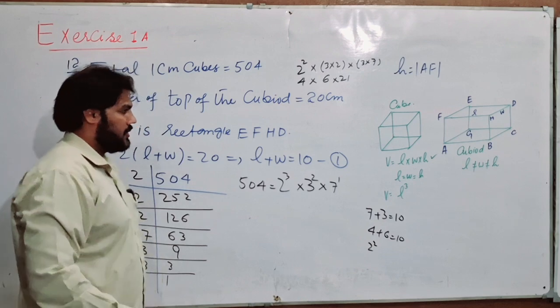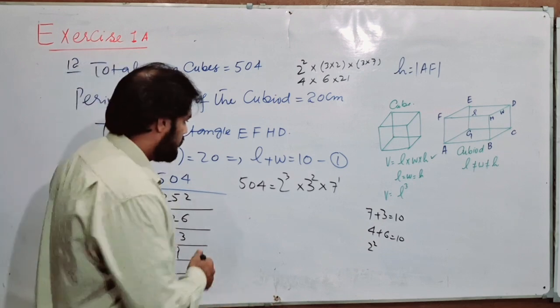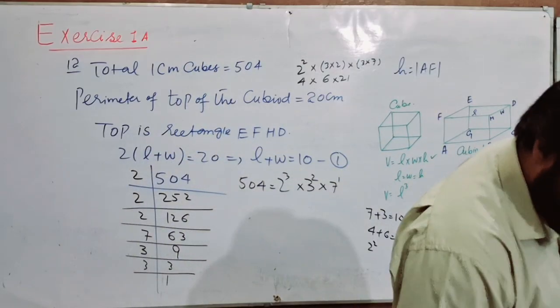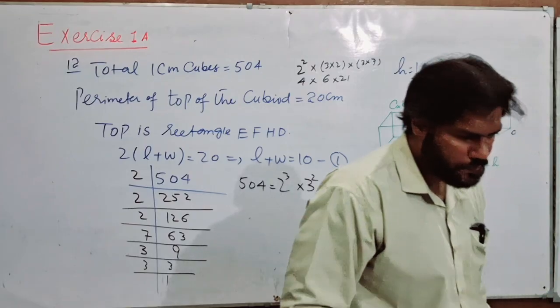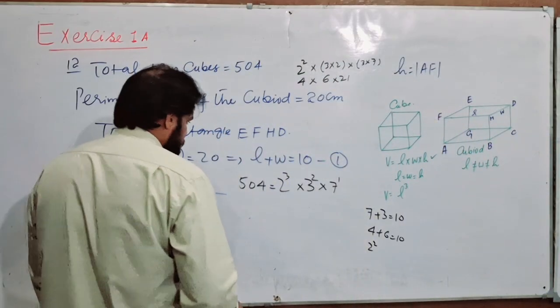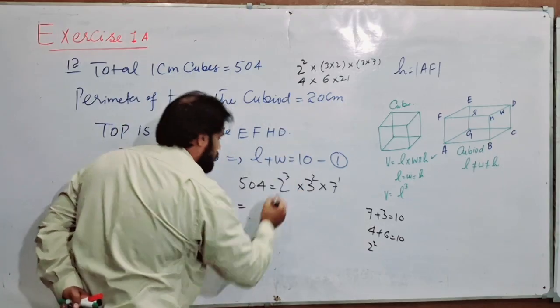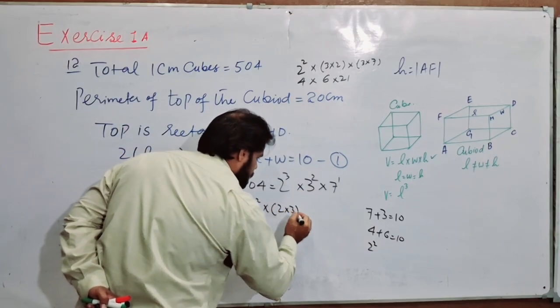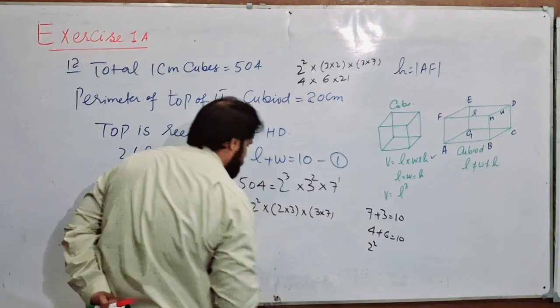Now we make all the heights of the cuboid. This number can be written as 2 square into 2 into 3 into 3 into 7.